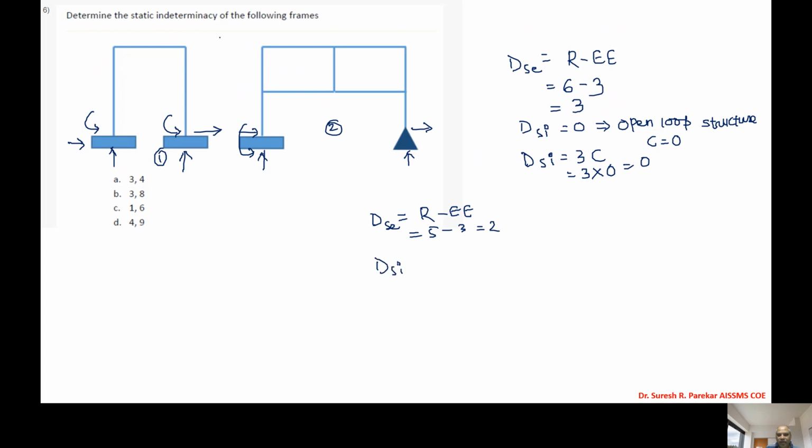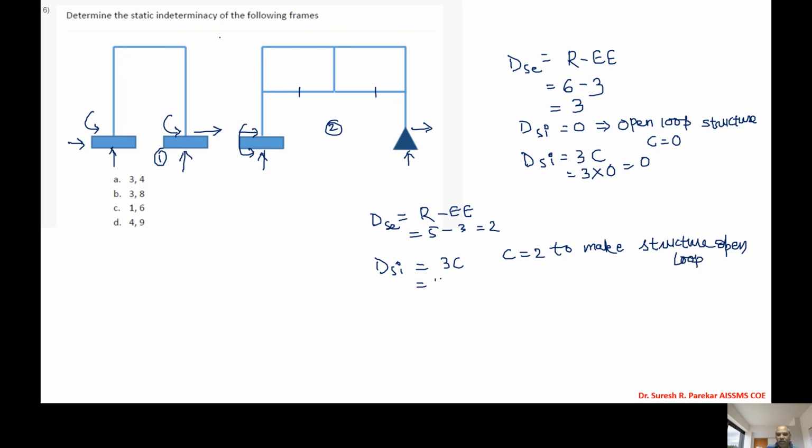Now DSI equal to 3C. Now how many cuts do we require? So 1 and 2. So C equal to 2 to make the structure open loop.